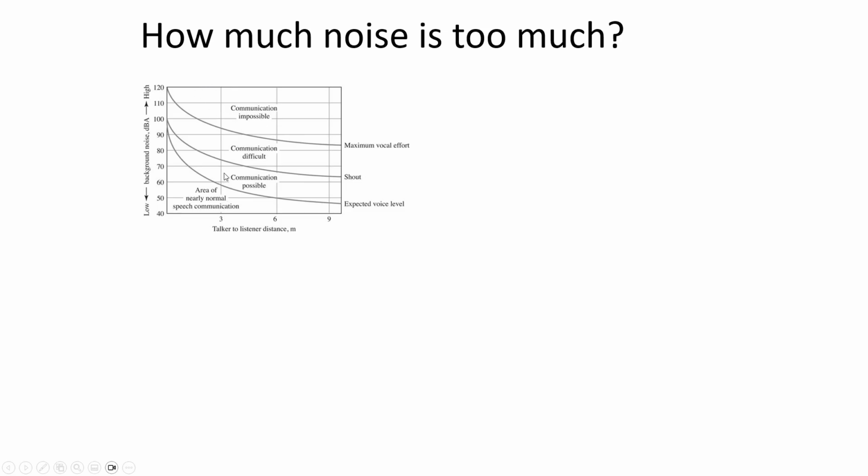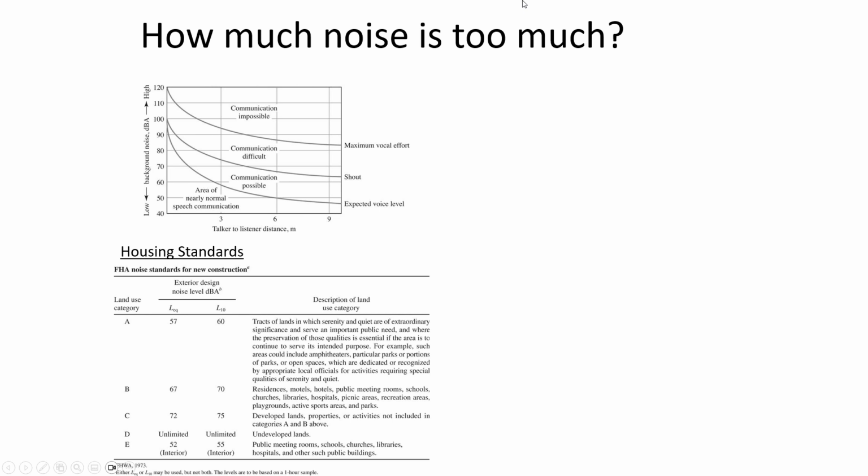If you're 3 meters away from somebody in an environment where the background noise is 100 decibels, then communication is impossible. Even if I was shouting at you with my professor's voice, if we were in, let's say, the blower room at the Huntington wastewater treatment plant, we wouldn't be able to hear anything. So that's one way to evaluate the effect of noise.